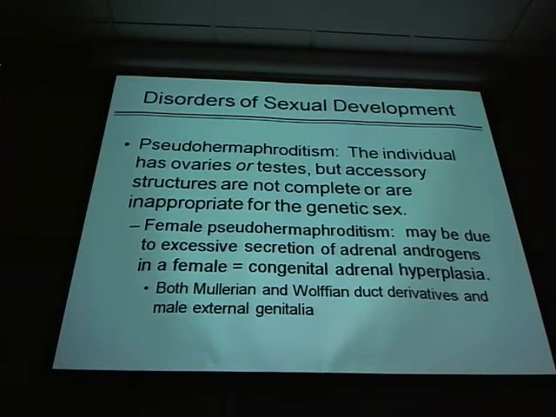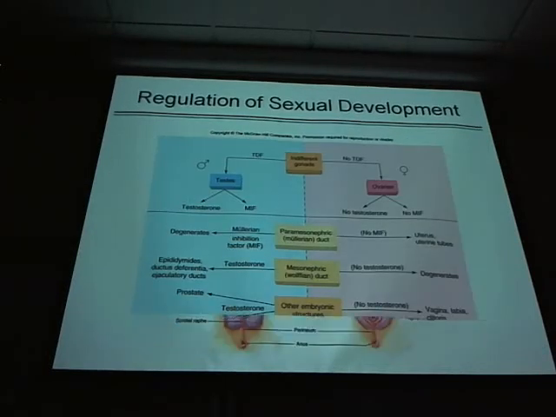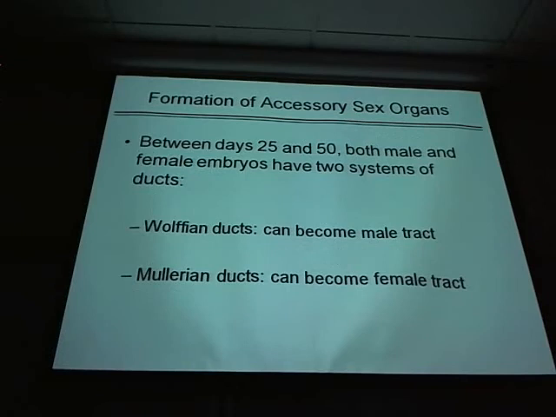The Wolffian ducts become the male tract and the Mullerian ducts become the female tract. They're developing together, but then the anti-Mullerian factor from the Sertoli cells keeps the female tracts from developing in the male.